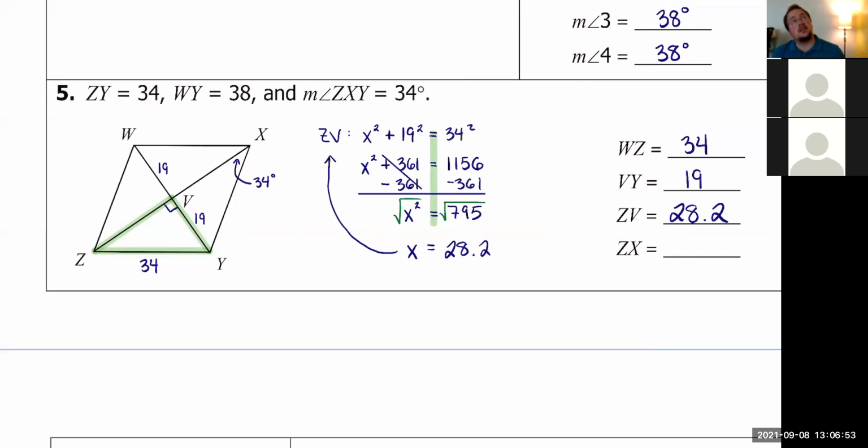ZX then, if you look at the diagram, is just the entire diagonal. 56.4. Good, so we double the half that we have, we get 56.4 for the whole thing. So that takes care of the missing segments. Now we need to go in and look at our angles.